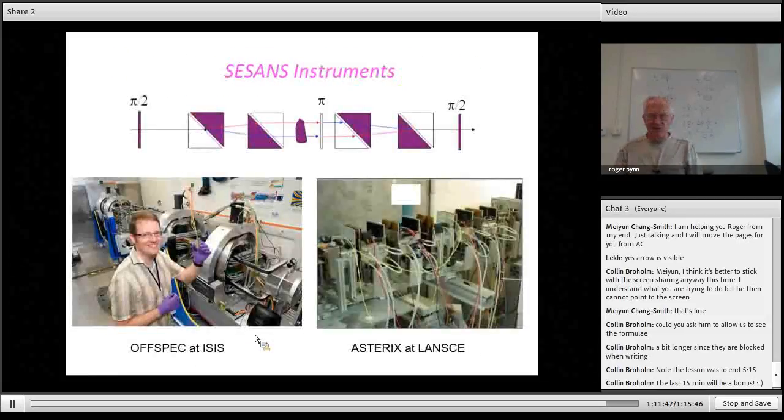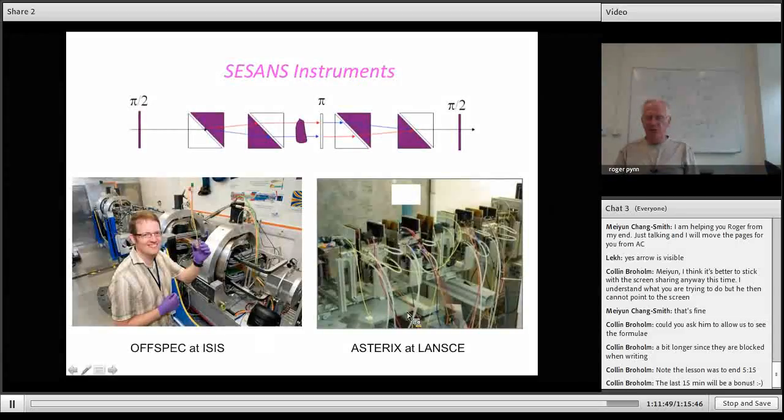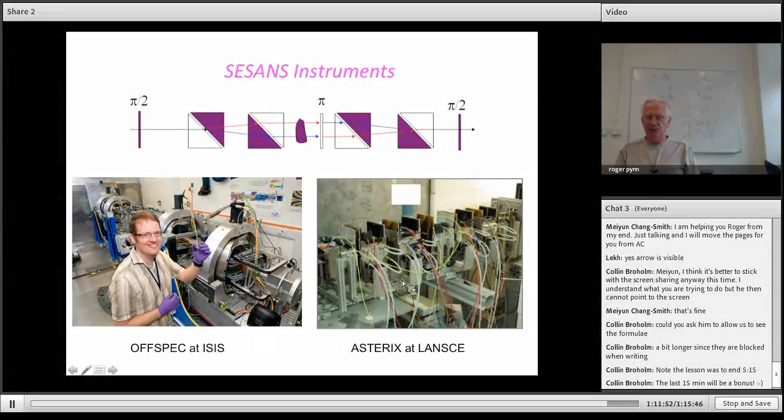Here are a couple of instruments. This is one that we've set up at Asterix at the beamline at Lansce, and as you can see, this whole thing is built by graduate students. This is the few $1,000 version. This is the few $1 million version at ISIS with some very spectacular RF coils and so on.